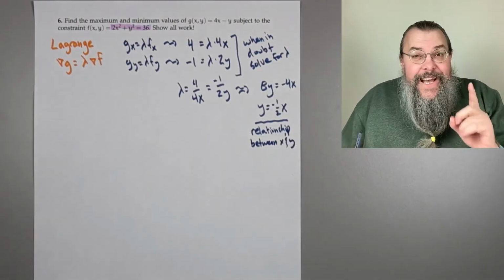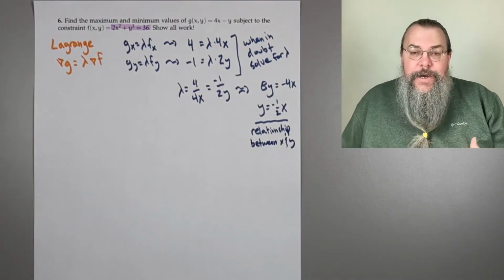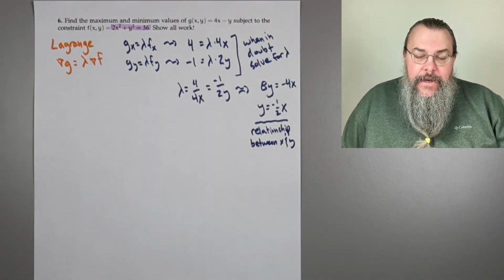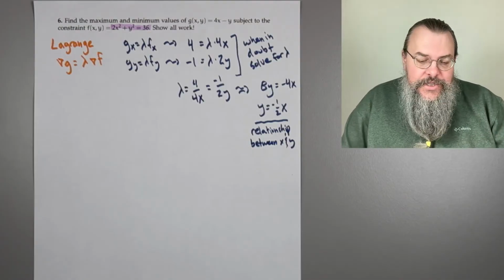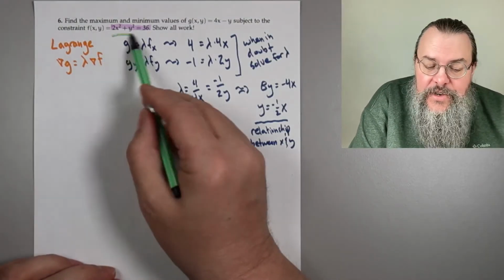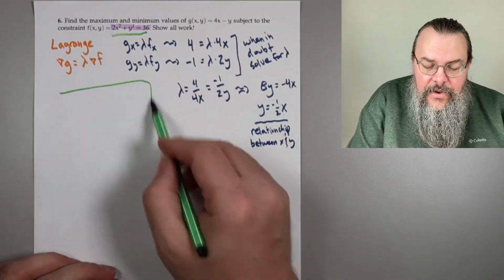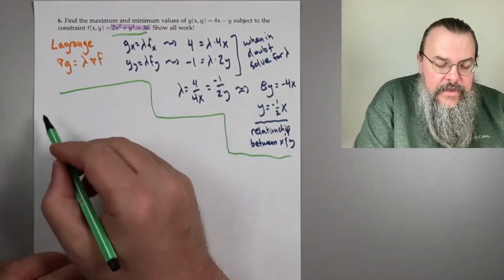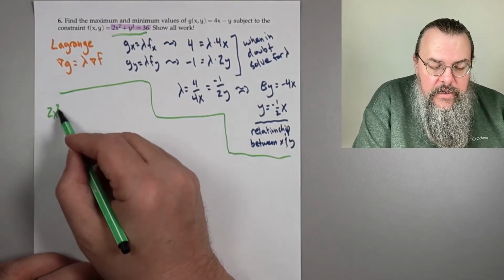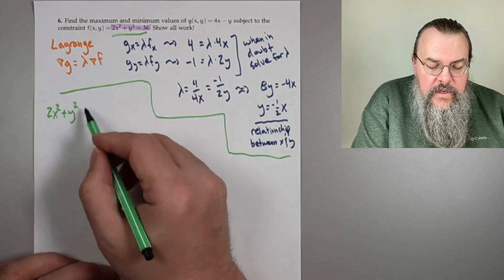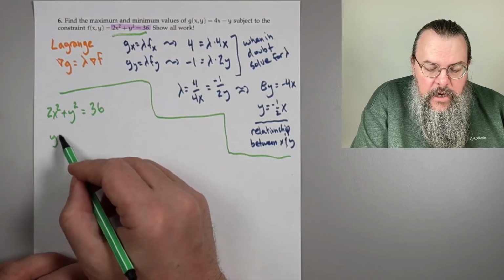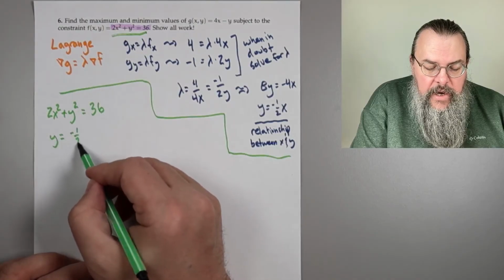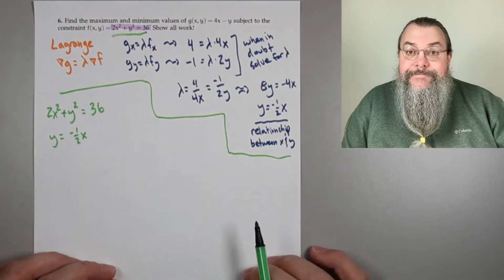Well, we actually had a relationship between x and y already, so let's combine them. What was our relationship? It was our constraint. So we now have that 2x squared plus y squared needs to equal 36, and that y needs to equal minus a half x.